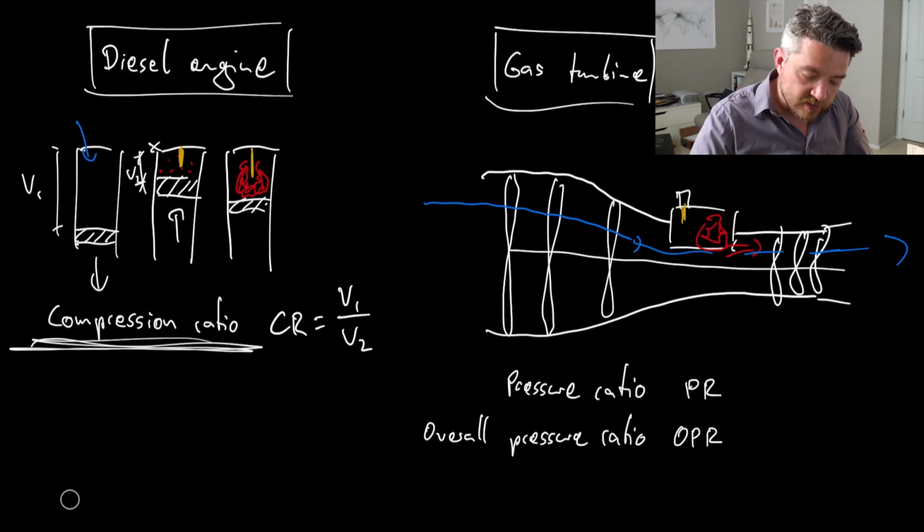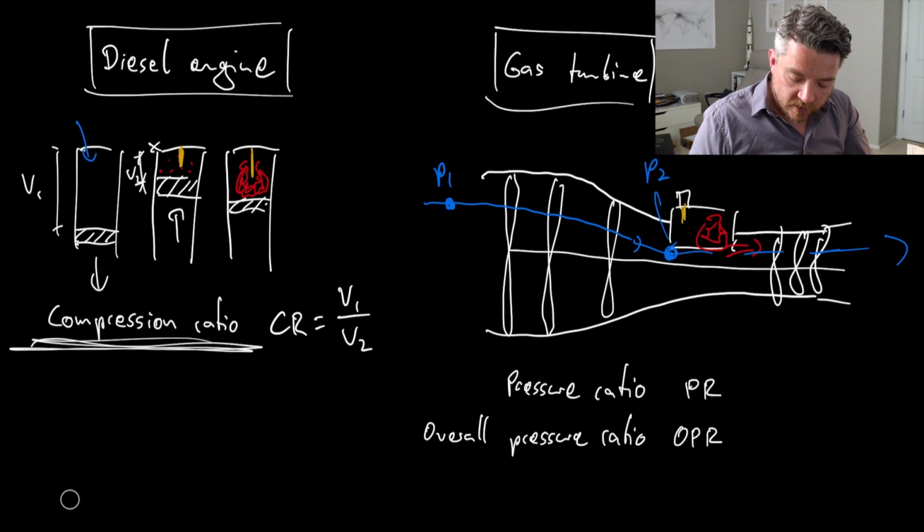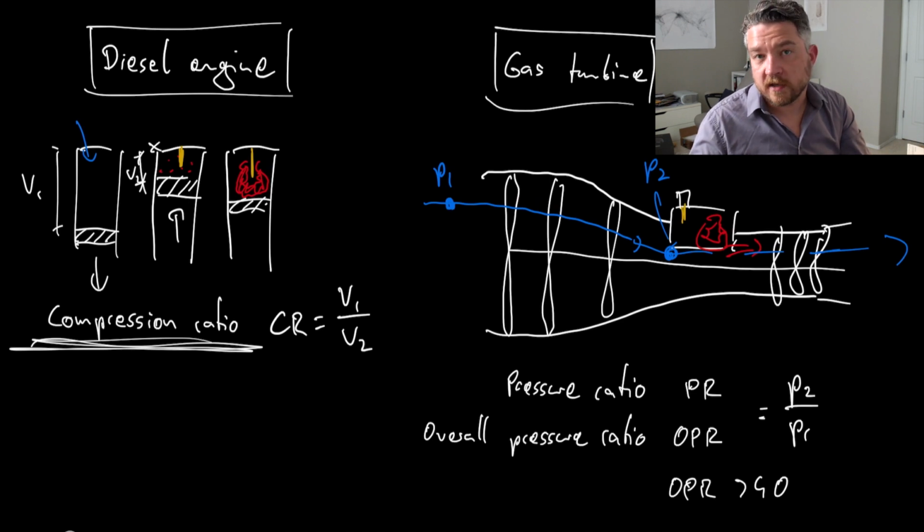But essentially what that is we have some pressure upstream here. And then we have a pressure here after compression. That's the pressure at which the combustion occurs. And the pressure ratio then is just that. And for modern engines, the overall pressure ratio will be somewhere beyond 40, and modern engines may be projected to something like 60 nowadays, but it's steadily increasing.